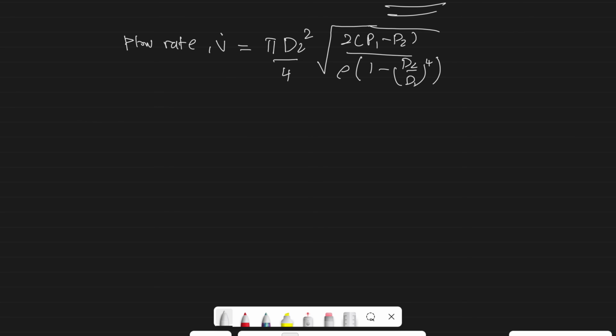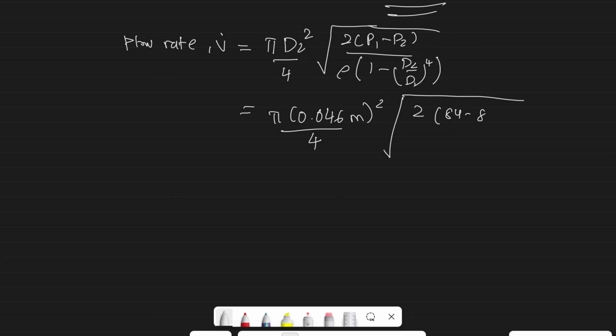So this is equal to pi times 0.046 meter square over 4 times the square root of 2 times (84 minus 81 kPa) divided by 1.2 kilogram per meter cube times (1 minus (4.6 over 6.6) power 4).